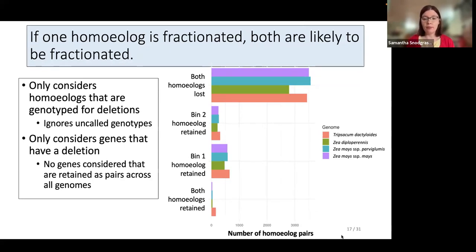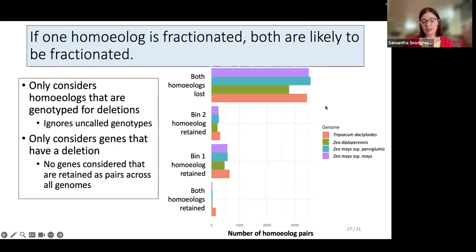So what we find is that if a deletion is called in a homolog such that it is considered fractionated, it's much more common to also see that the other homolog is also lost in this analysis across all of our genomes.